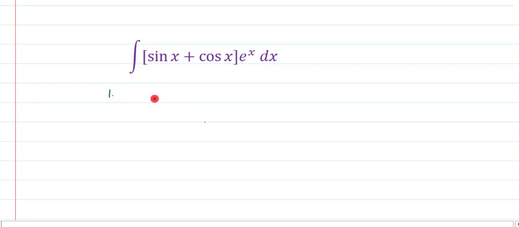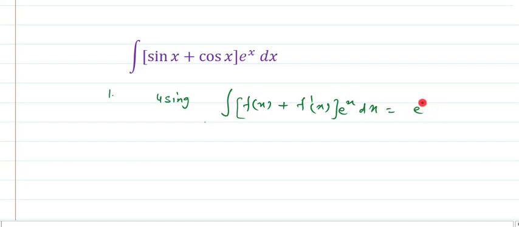The first option is to write, using the result, integration of f(x) plus f dash x into e power x dx is equal to e power x f(x) plus c. Let us name this as I. So we are getting I is equal to e power x sin x plus c.